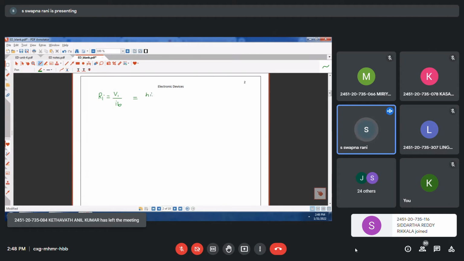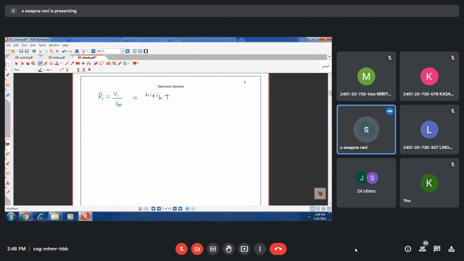So HIE drop across IB plus drop across the load resistor, which is IE by IB. HIE into IB plus RL into, we found that this is the sum of the base current plus emitter current, collector current, 1 plus HFE into IB.